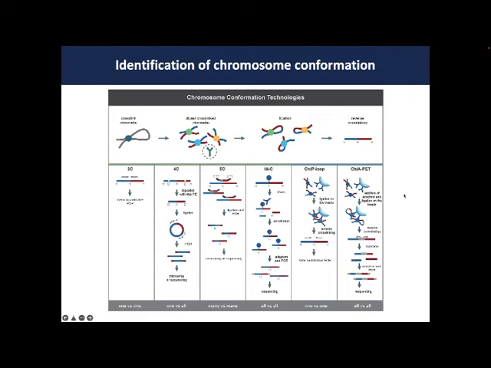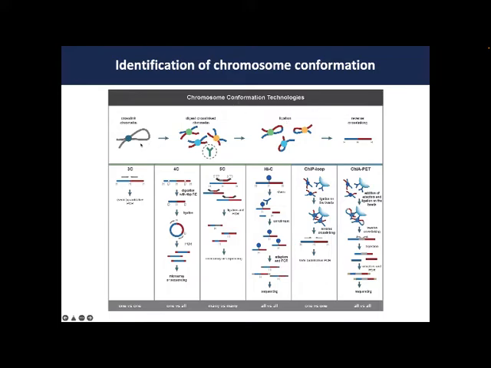How can you identify these frequently interacting DNA sequences, the so-called topologically associated domains? There are numerous newly designed sequencing technologies for TAD identification, the chromosome conformation technologies.